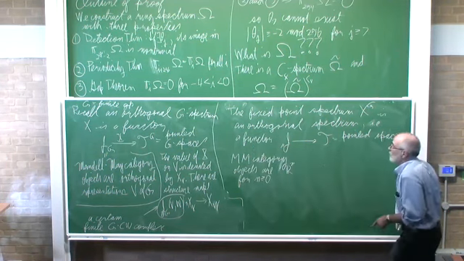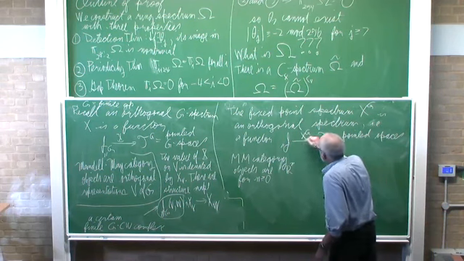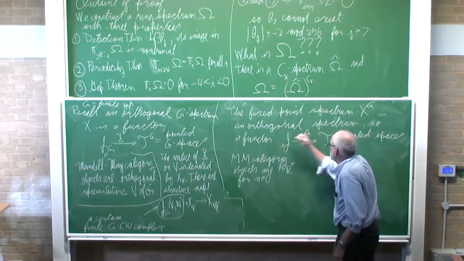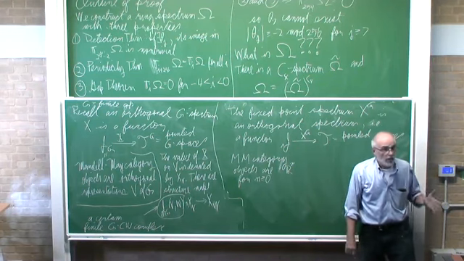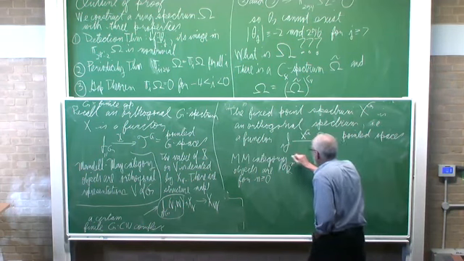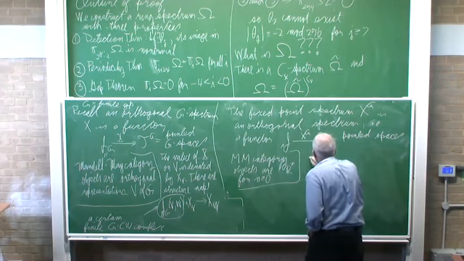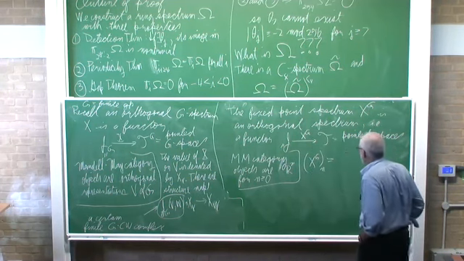So X^G is a functor from this category to this category, so I have to tell you what its nth component is in each case. The nth component of X^G is the following.